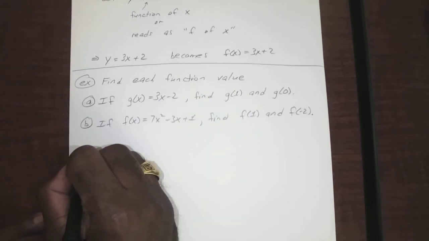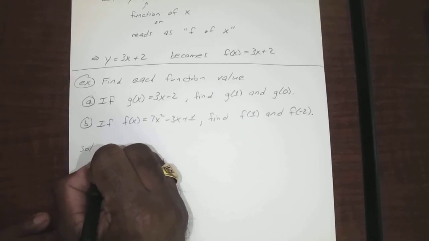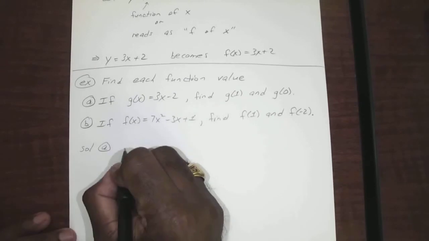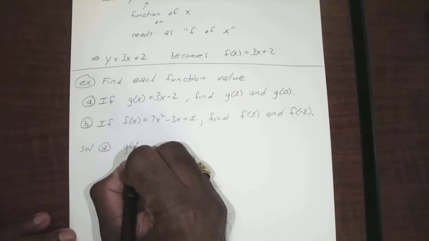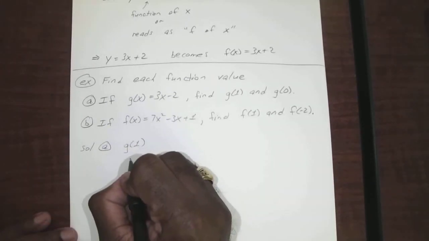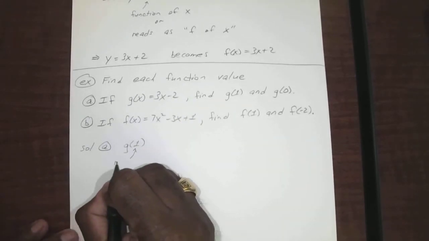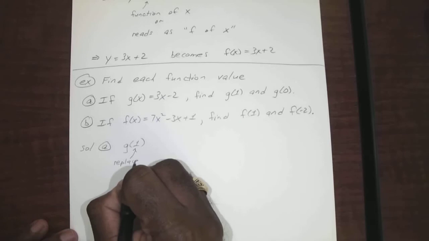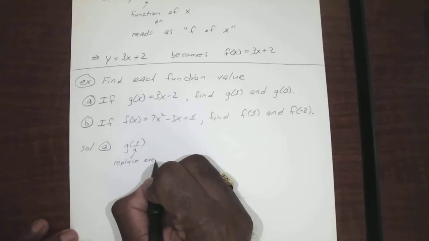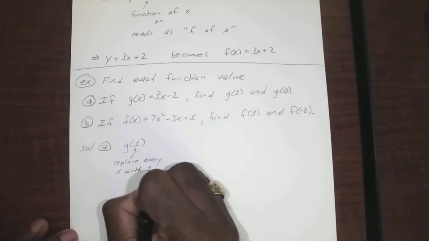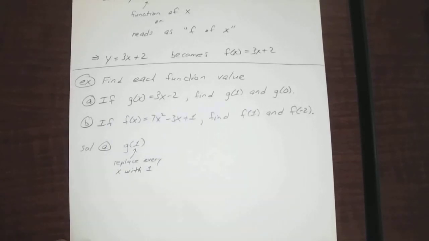Now our solution for A. If we want to find g of 1, it literally just means replace every x with 1.